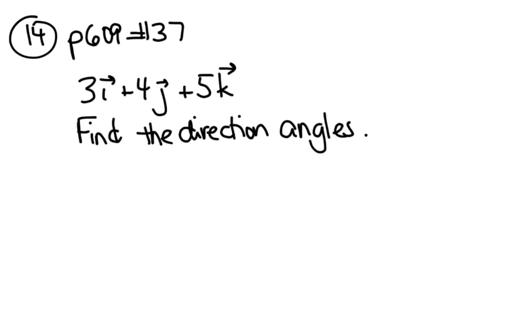On page 609, number 37, we're given the vector 3i plus 4j plus 5k in 3 dimensions. To find the direction angles alpha, beta, and gamma, which are the degrees from the x, y, and z axes: the cosine of alpha is the first component divided by the magnitude of the vector.